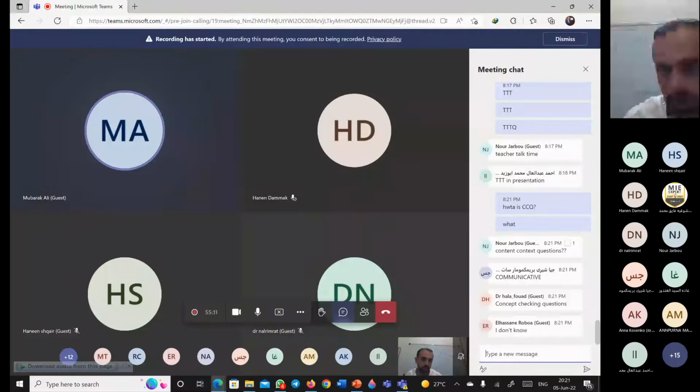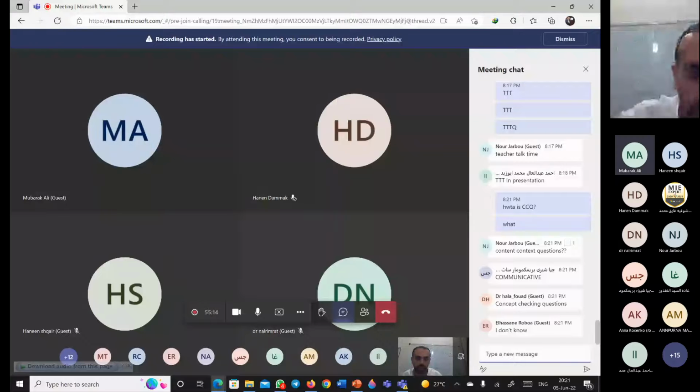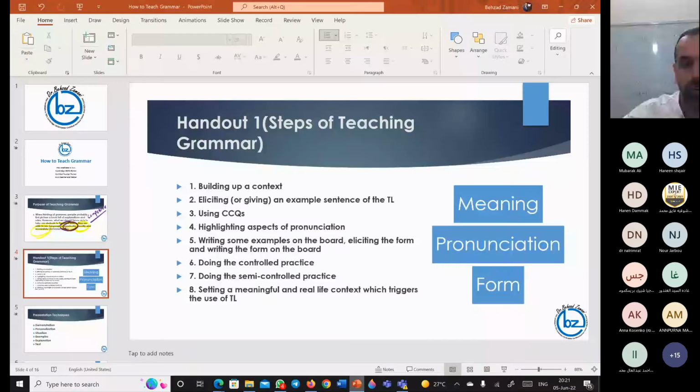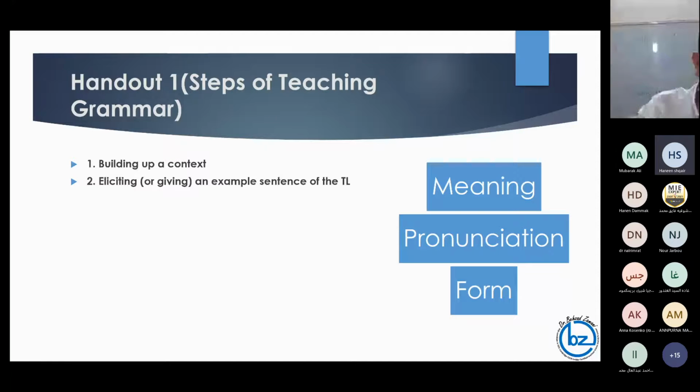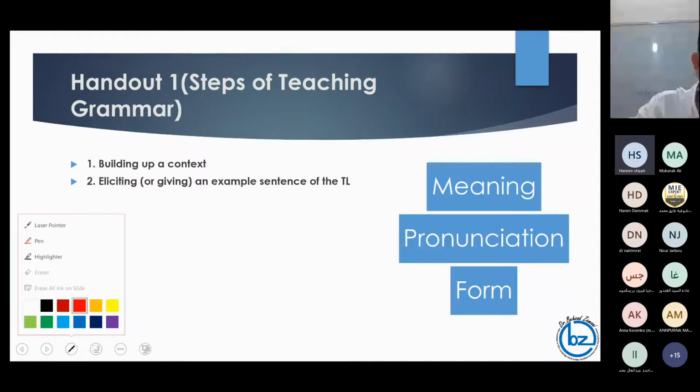Thank you so much. They are concept checking questions because of the concept that we have given to our students. What was the sentence? Do you remember the sentence? It said, teacher Behzad visited his parents last weekend. Exactly.